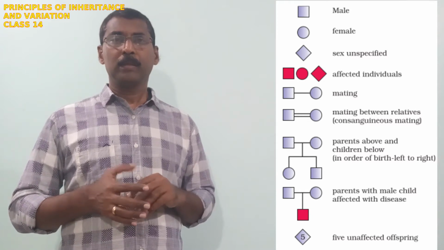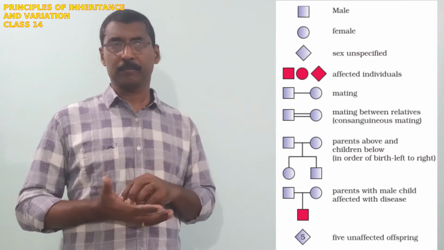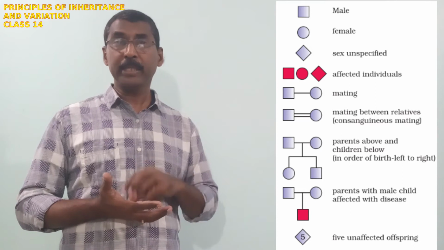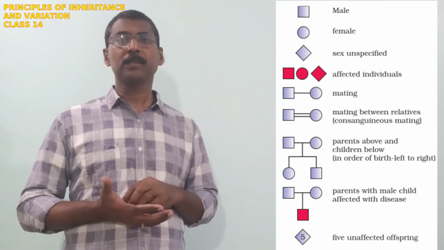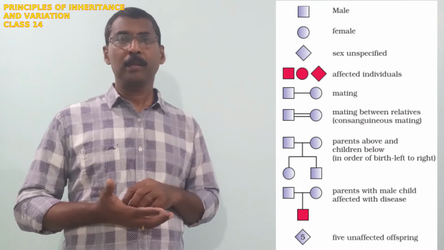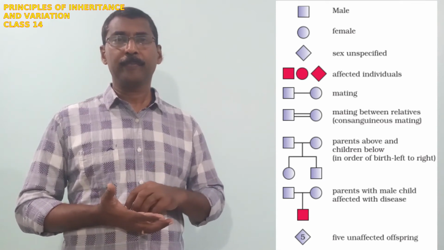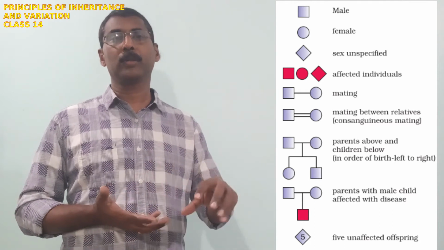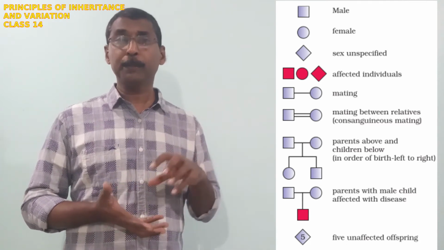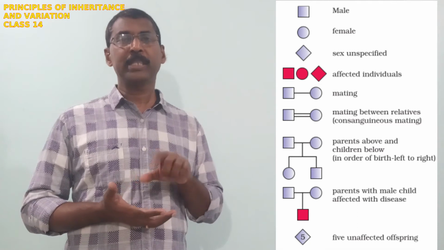Then a shaded symbol represents that the person has the genetic disorder. The affected people are shown by shaded figures.